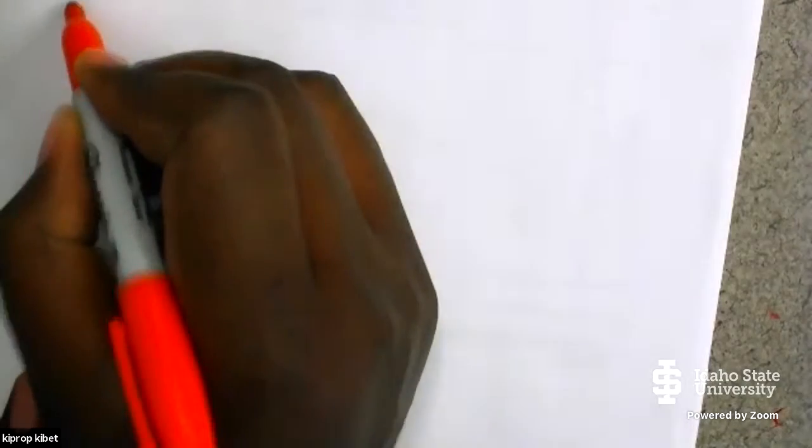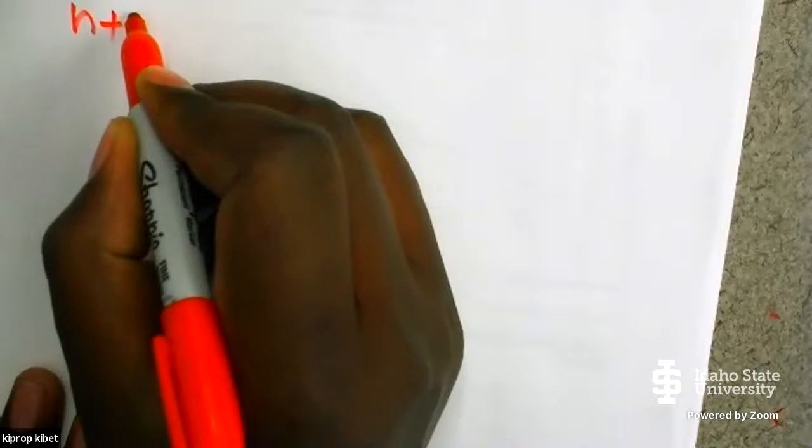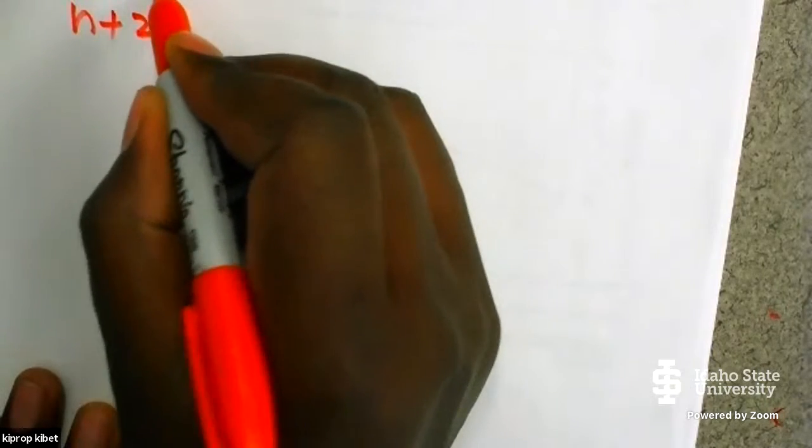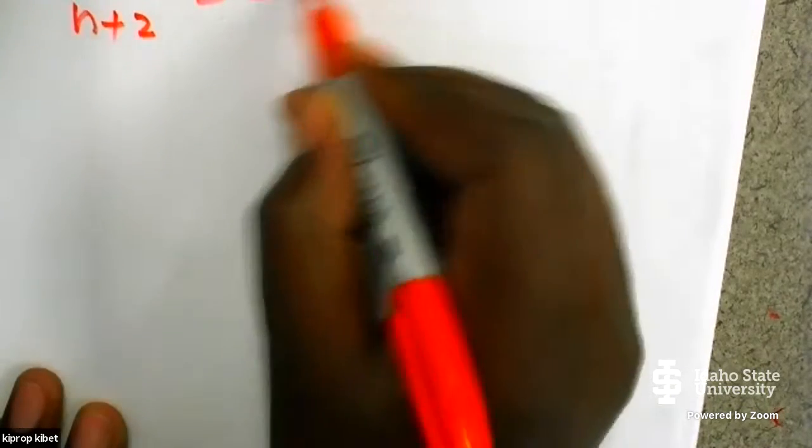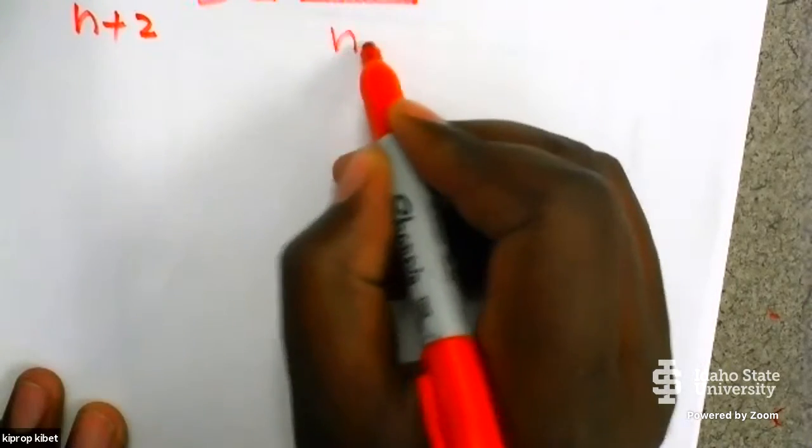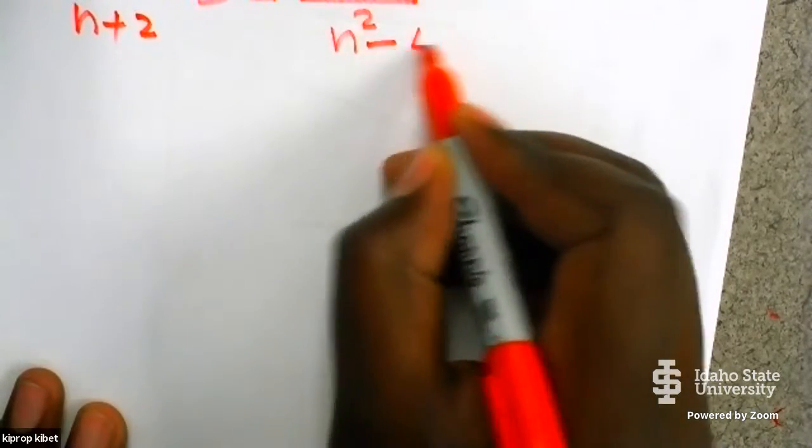So we can now do the last example. Yep, we can do the last example here. We have s all over n, all over n plus 2 minus 3 equals 8 all over n squared minus 4.